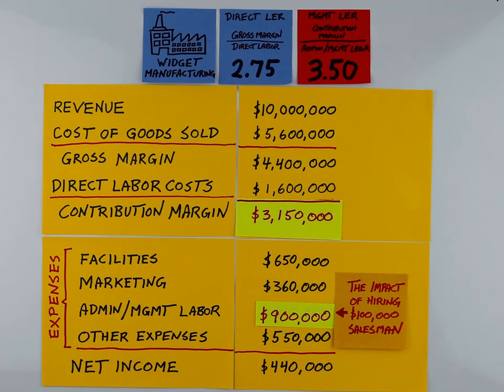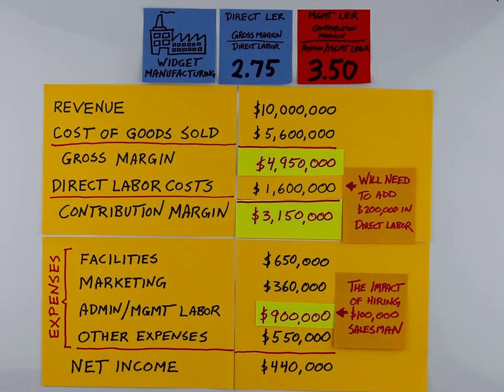Likewise, we can keep going up the list here. If we know our contribution margin is going to be $3.15 million, and we know our direct LER needs to be in the 2.75 range, we need to increase our gross margin by $550,000, up to $4.95 million. Once again, this leads to another simple calculation.